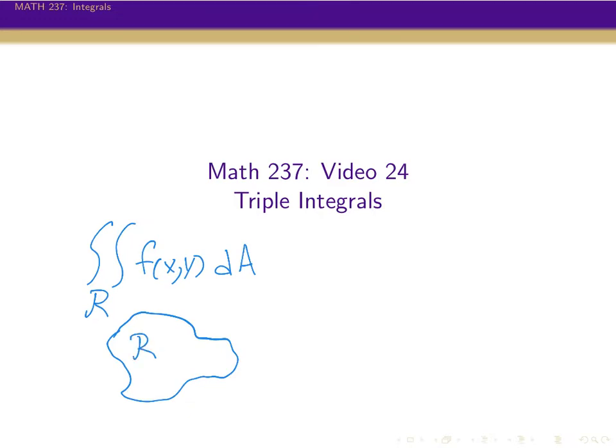And dA comes from measuring over little bits of area. You can think about little bits cut out by delta x and delta y, and put together they become delta A by multiplying delta x and delta y together.